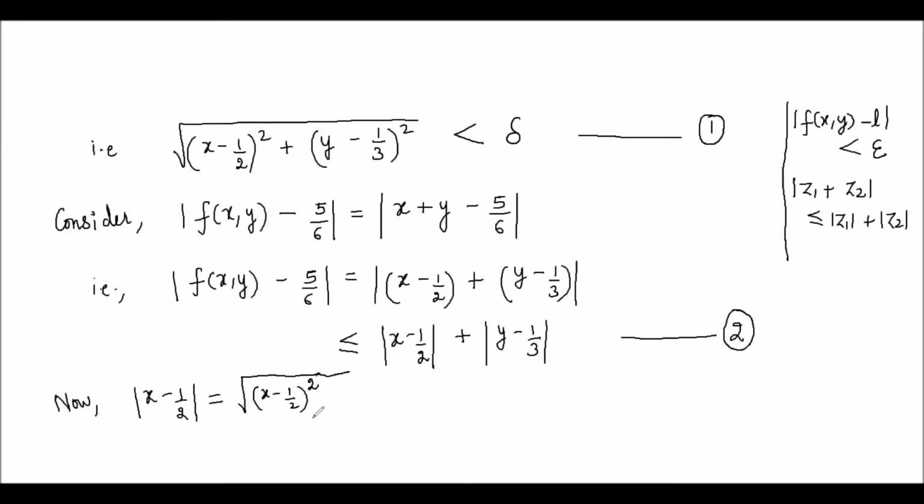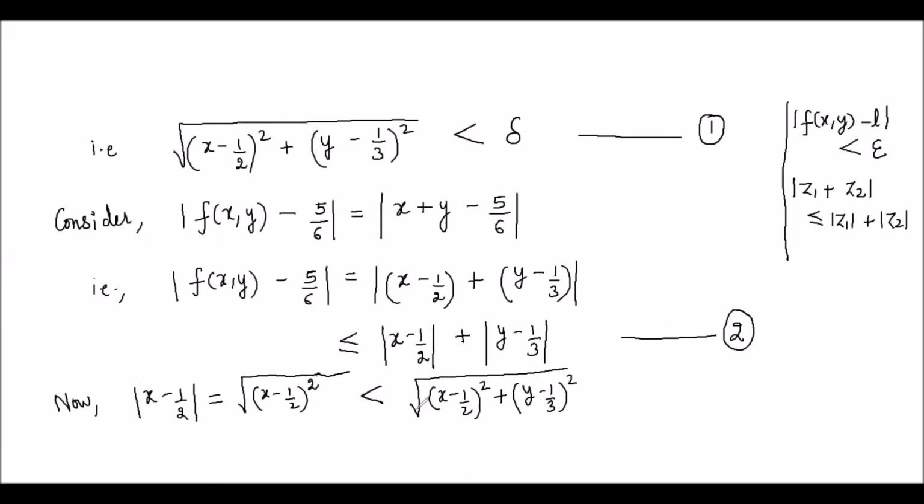Since we are adding a positive number, we will have the less than sign. The term we are adding is y minus 1 by 3 whole squared. So we will have this inequality.